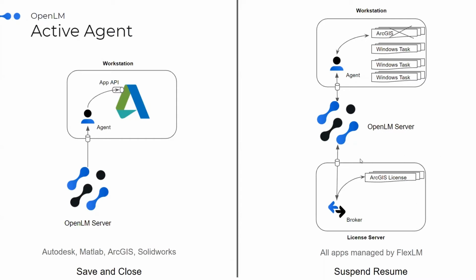And if there's a license available, the same dance will happen, but in the other way, to give the user a license and unfreeze his application. So this is why we call it suspend resume. We suspend the application on the end user workstation, and when he's back, he can resume.